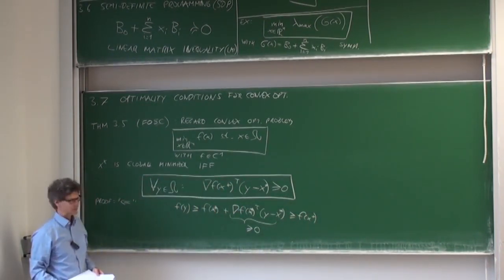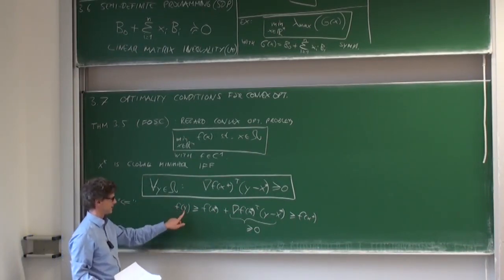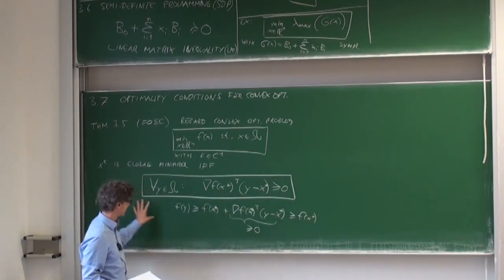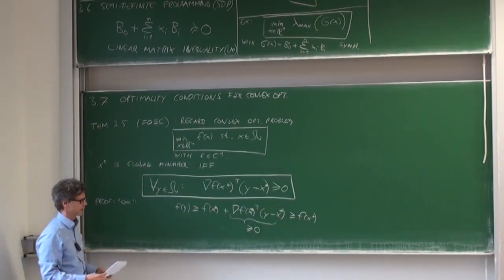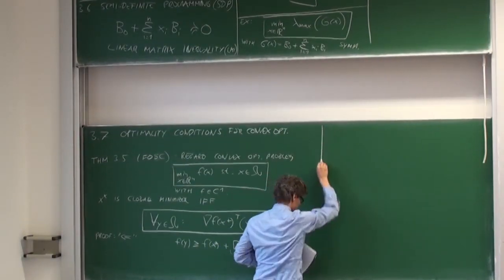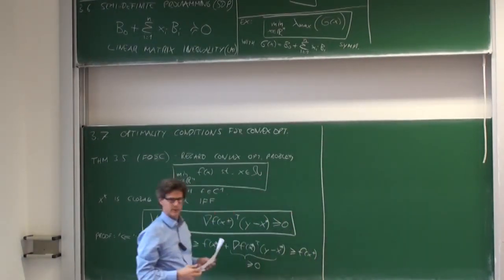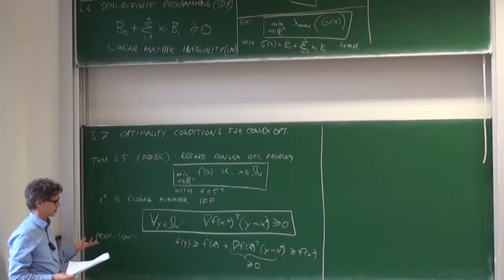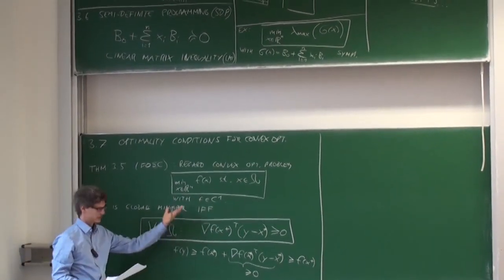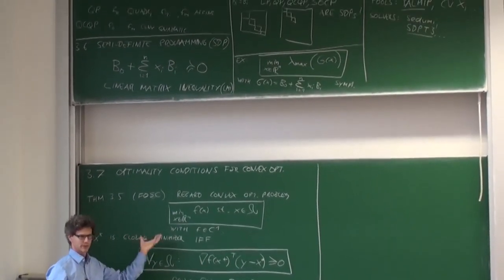And that is exactly what we wanted to prove, namely that f of y for any feasible y is bigger than f of x star. So this direction is already proven. So we see very quickly, just using our characterization of convex functions, we get a global optimality certificate. That's already the most important condition. So if this holds, you know you have a global minimizer.